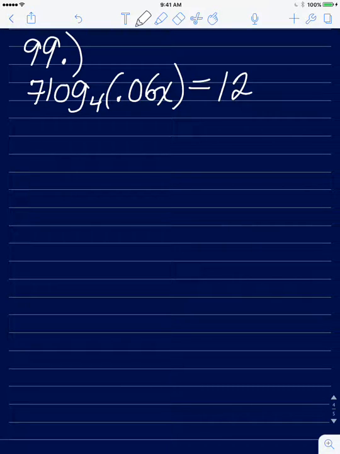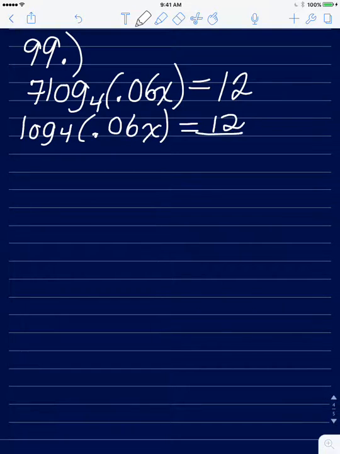Okay, again, what's my goal here? To get x by itself. First thing I'm going to do is get rid of the 7. So I'm going to divide both sides by 7. So that's going to give me log base 4 of 0.06x equals 12 over 7.